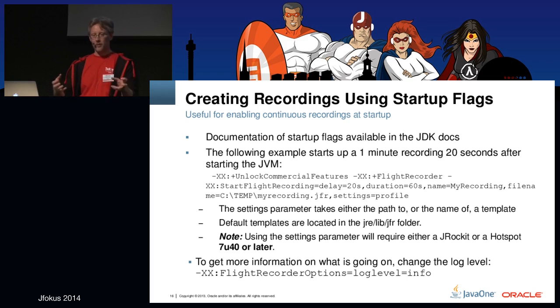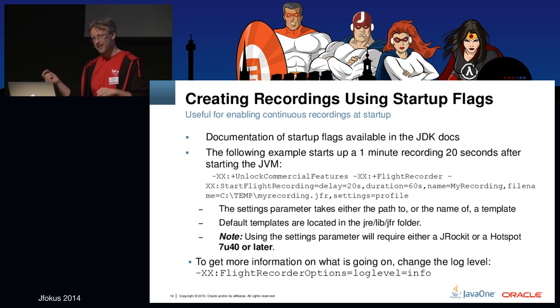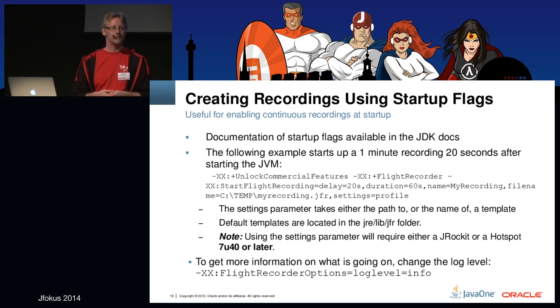So you can actually, from within Mission Control, do recording, do all your fancy configuration stuff, export your template, and then put that template in the JRE lib JFR folder, and it will be available to anyone who connects to the JVM. So that's useful.